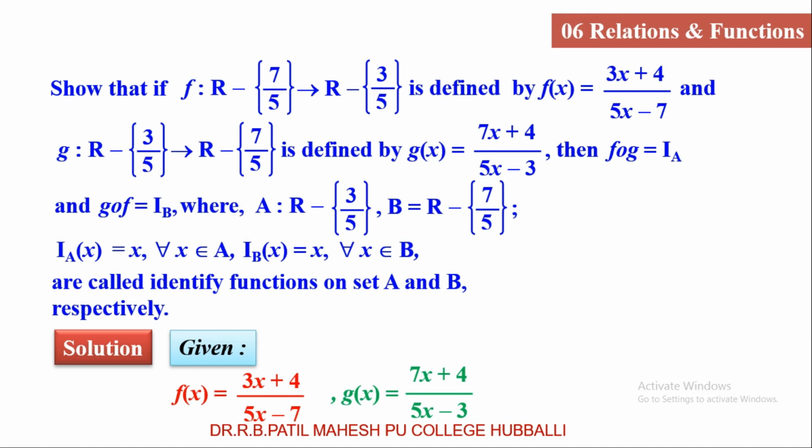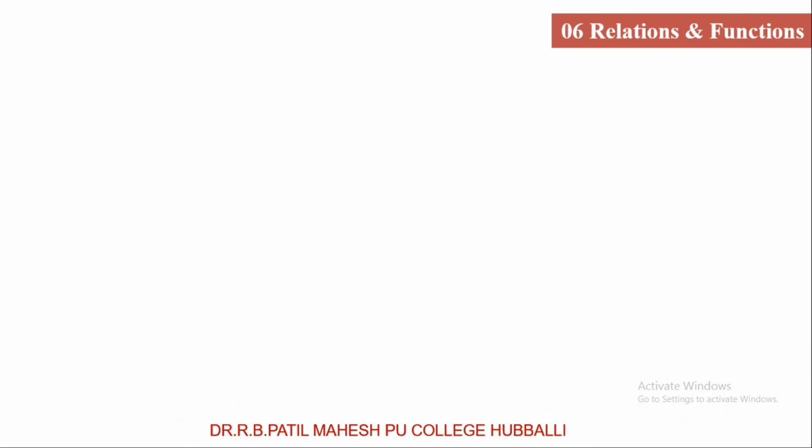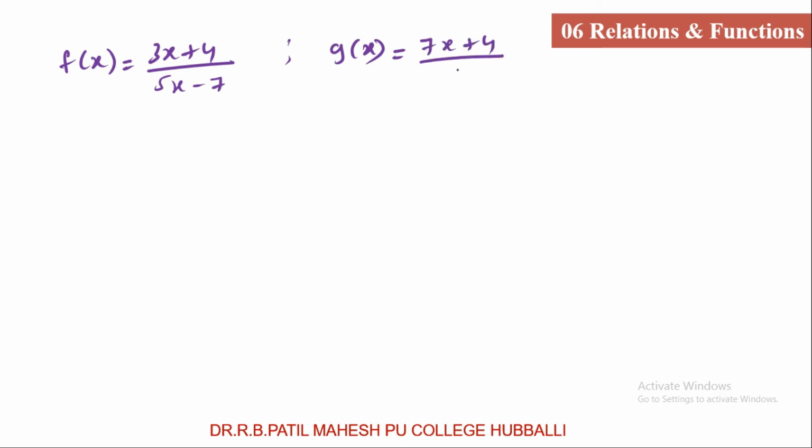Let me write f of x, g of x one more time in the next slide. So f of x is equal to 3x plus 4 upon 5x minus 7 and g of x is equal to 7x plus 4 upon 5x minus 3. These are the two functions.